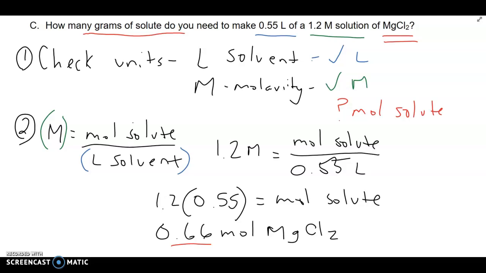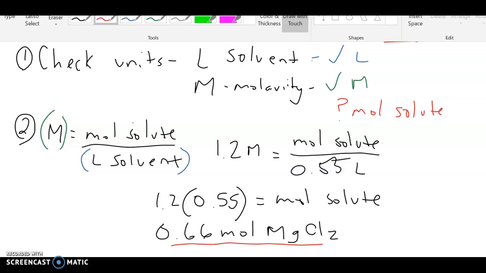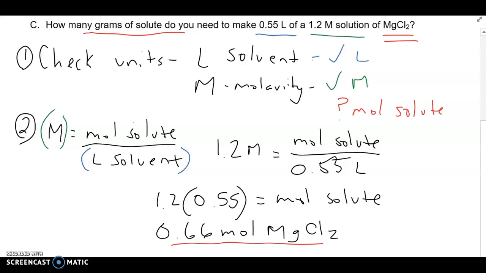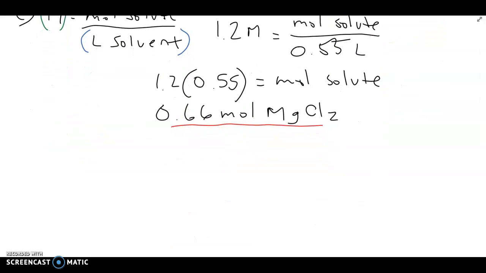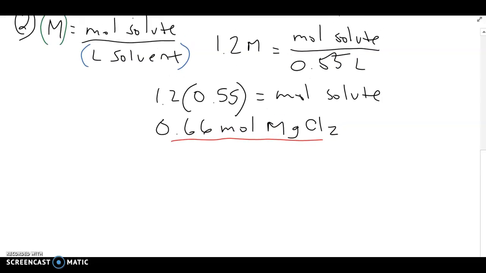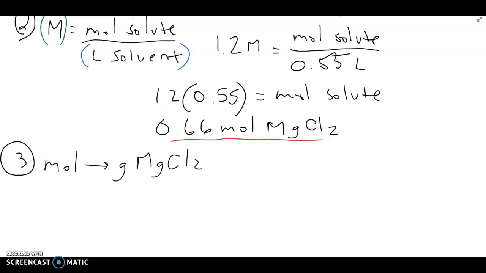So now we have moles of solute, but it's asking for grams, of course. So now we have to change this into grams. We have an extra step here: step 3. We need to convert our moles into grams of MgCl2.